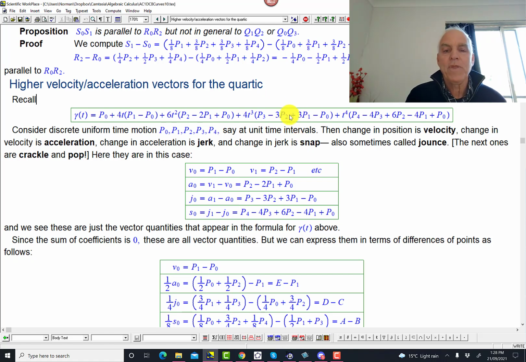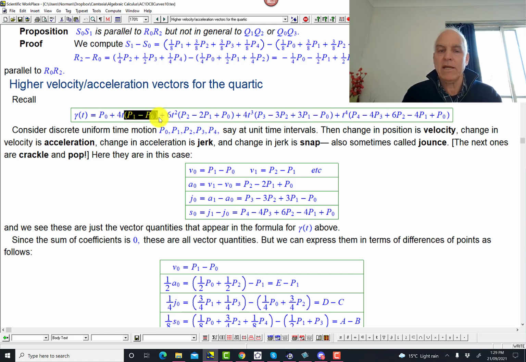Okay, so the first, or zeroth velocity, is p1 minus p0. And we recognize that's a velocity because it's a difference between points. And then the next one, which we could call v1, would be p2 minus p1.